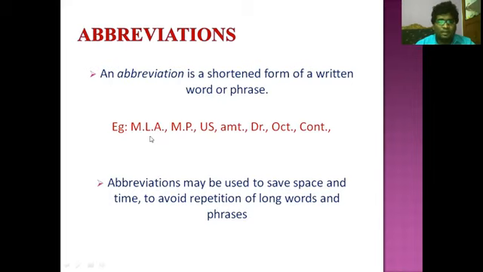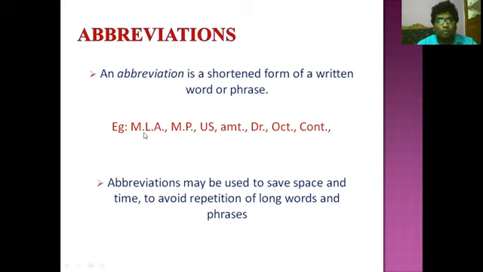This type of writing is called an abbreviation. So MLA, MP, US, AMT, DR, OCT, CONT. These types of words are all called abbreviations.